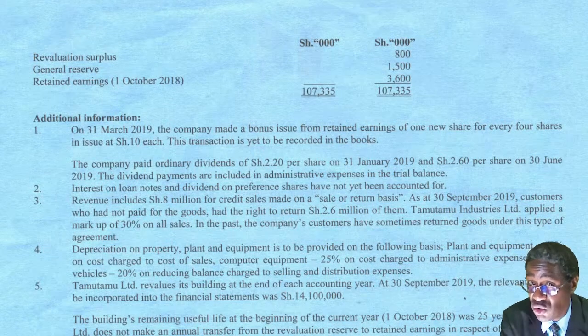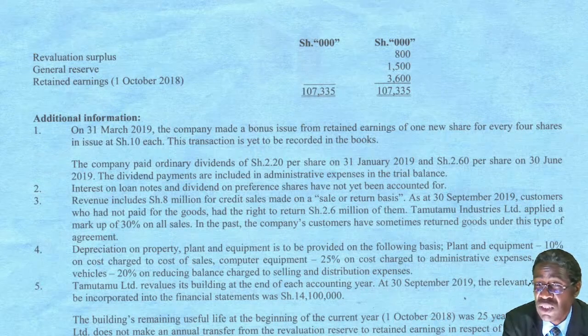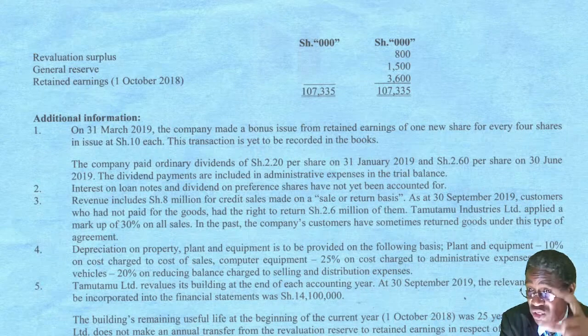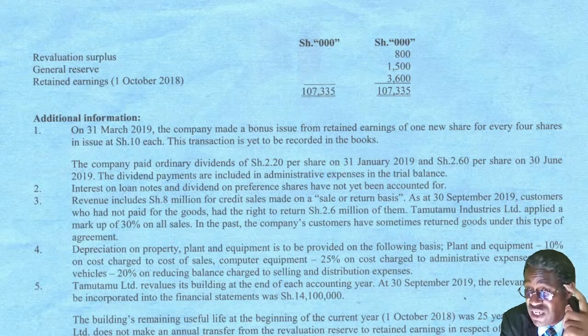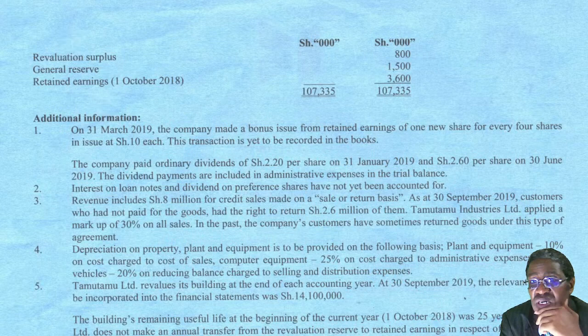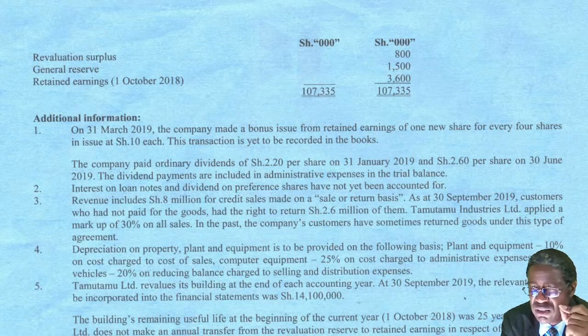Let me take you through that. Note number one, the company issued some bonus shares on 31st March 2019. Then the company has a policy of paying dividends twice in a year. The first dividend, listen, the first dividend was paid on 31st January 2019. They paid at a rate of 2.2 per share.